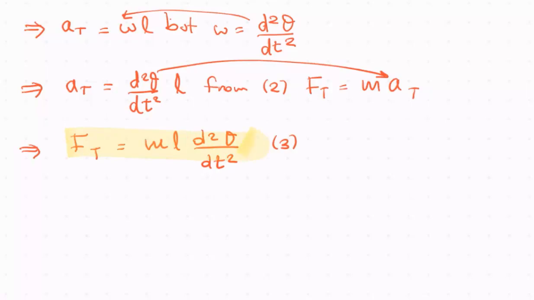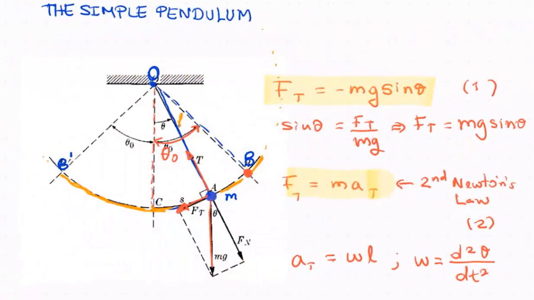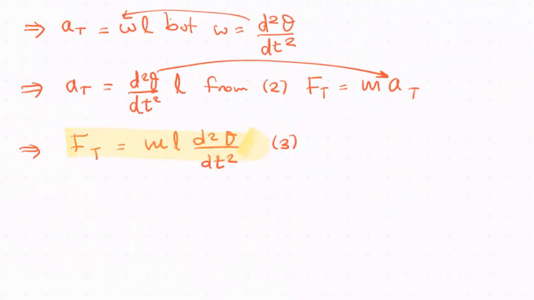And let's see equation number 1. Equation number 1 says that the tangential force is equal to minus mg sine of theta. And equation number 3 is the tangential force equal to ml second derivative of theta with respect to time. We can make those two equations equal. We can equalize those two equations.